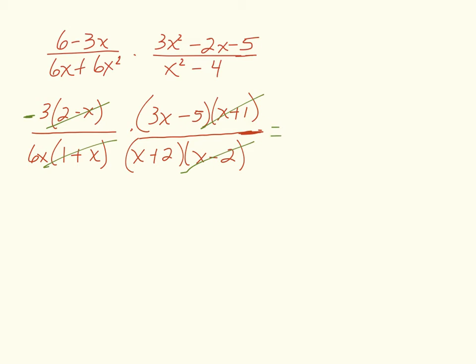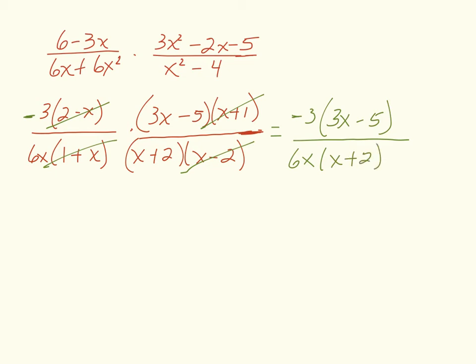We have negative 3 times 3x minus 5 all over 6x times x plus 2.